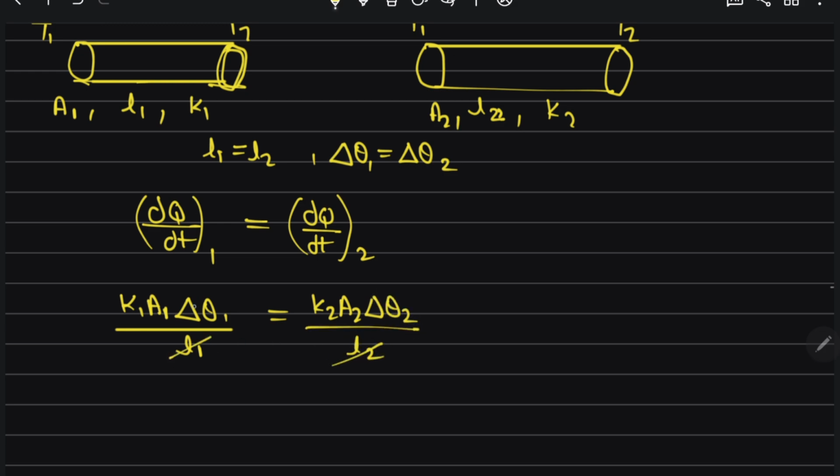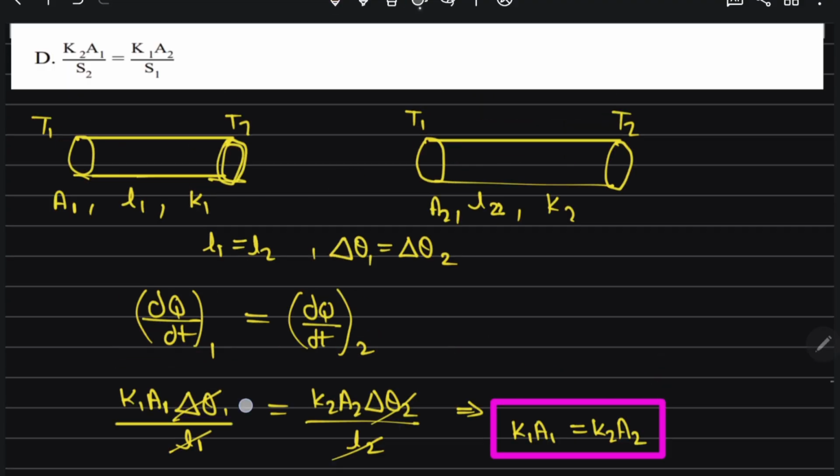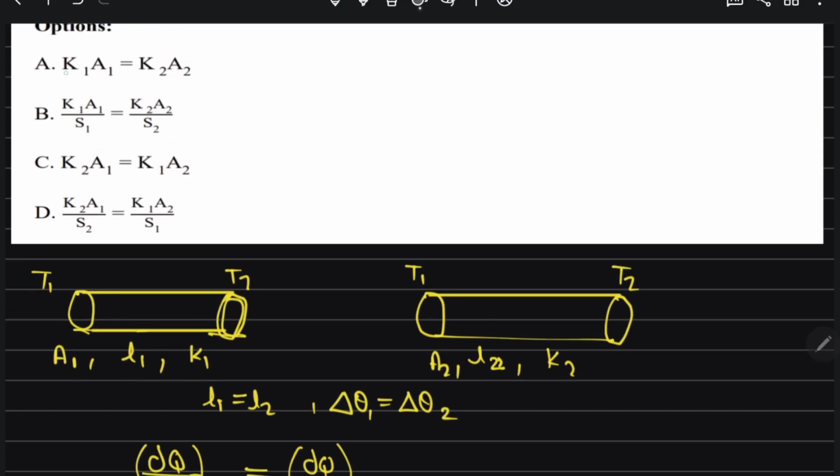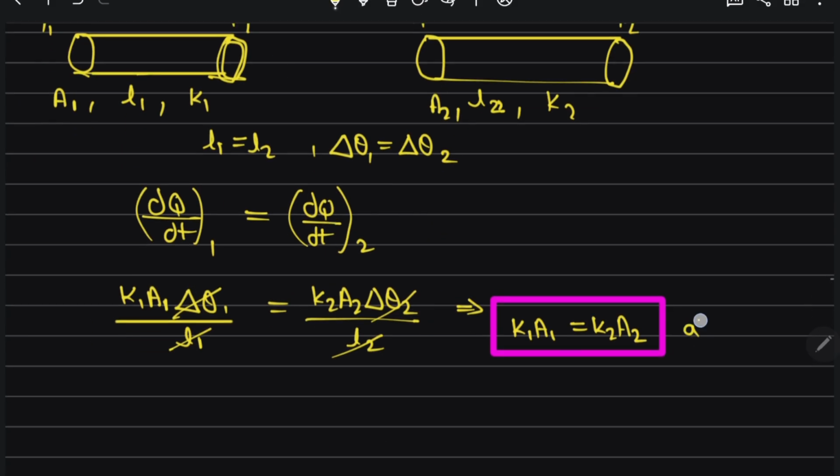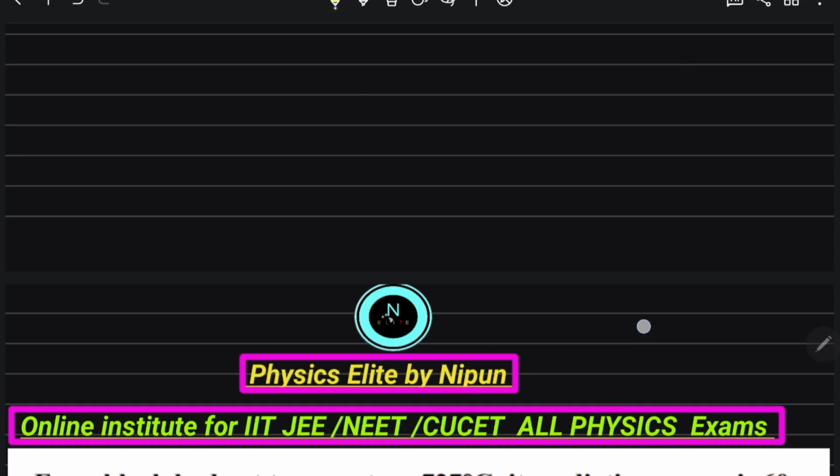So L cancels, delta theta cancels, and this comes out to be the relation K1 A1 is equal to K2 A2. So option A is correct. I proceed to the next question.